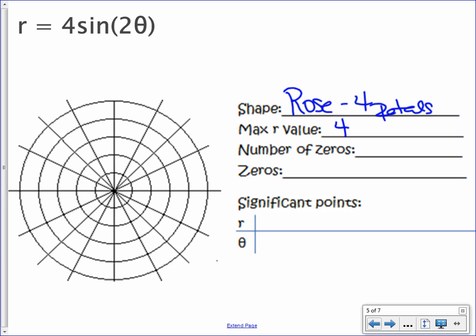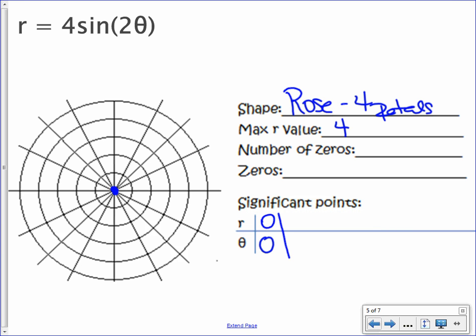Okay, so where does this curve begin? When theta is 0, what is R? 0. We begin at the pole. Okay?